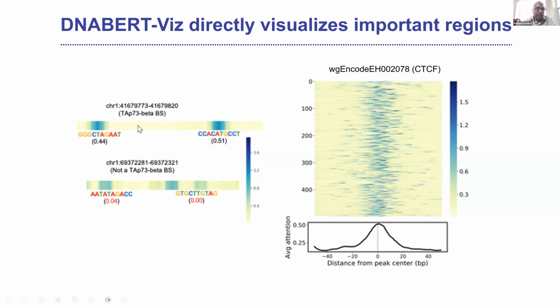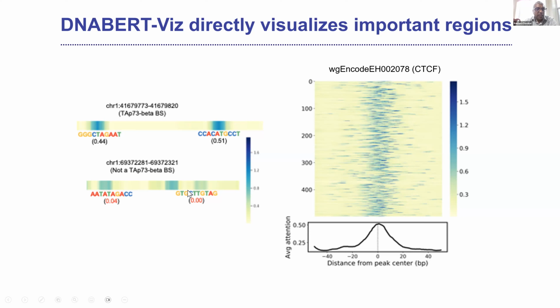On the left side, there is a cartoon showing a TAP73 beta binding site. TAP73 is one of the long isoforms of P73, a very important transcription factor in neuronal development. It's a dimer. The left one has a 0.44 and the right one has 0.51 using the position weight matrix scores.